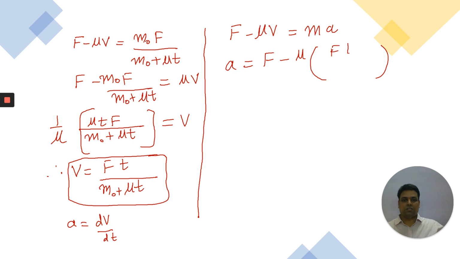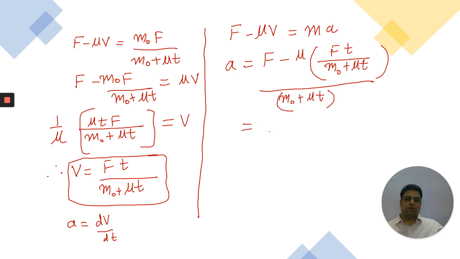Just now I got Ft/(m₀ + μt), divided by m, which is m₀ + μt. So let us rearrange. We would have (m₀ + μt) whole square in denominator. In the numerator, I would have m₀F plus μtF minus μtF, so we'll be left with m₀F.